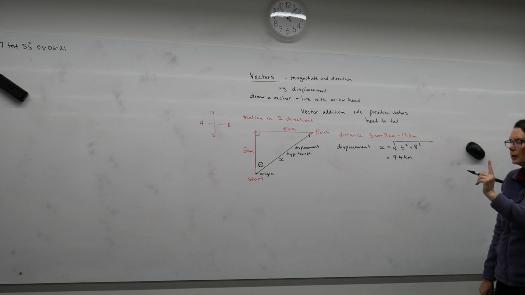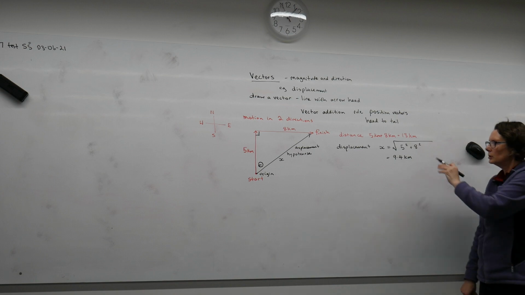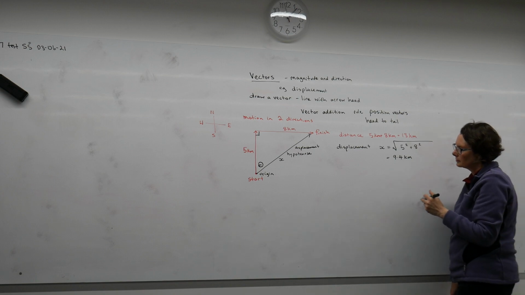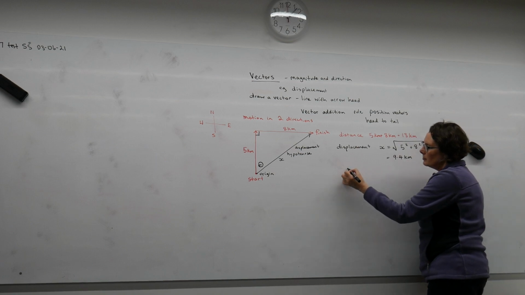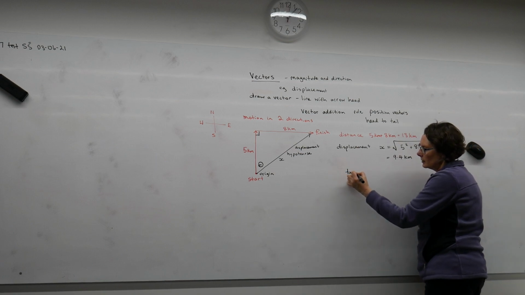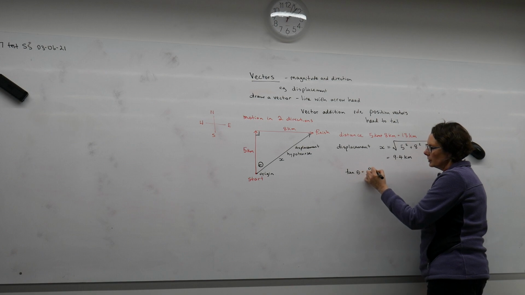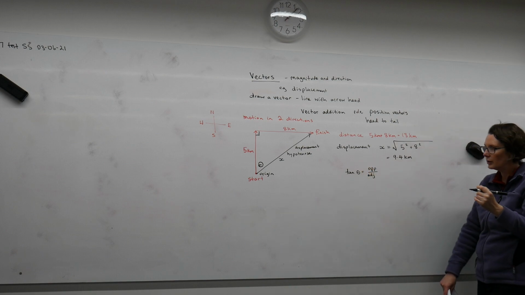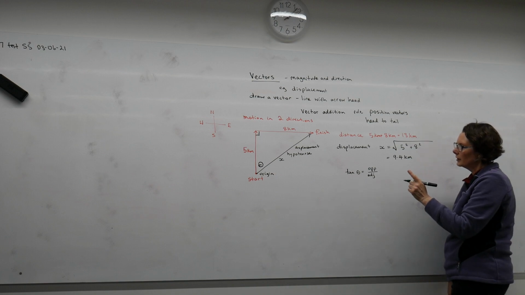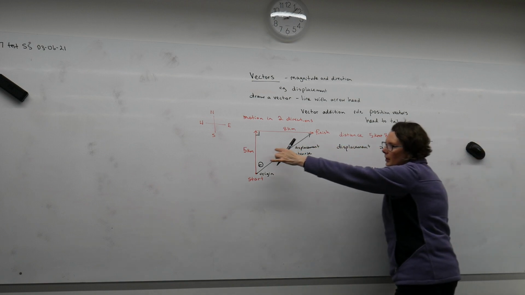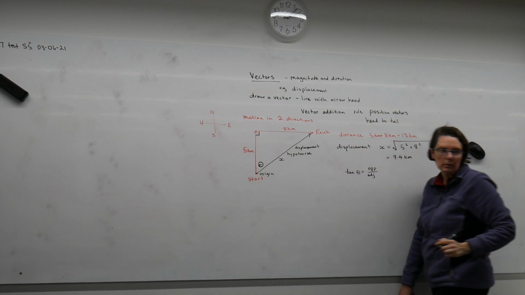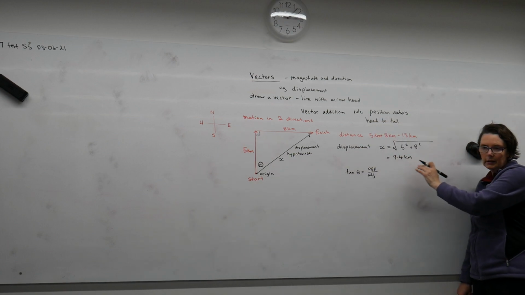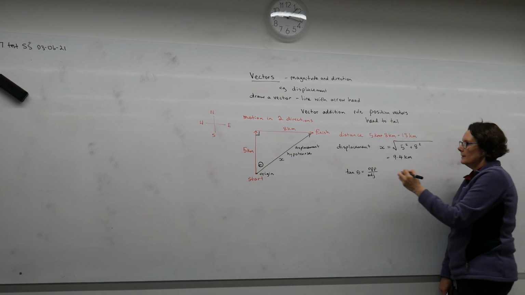So here we use our trig again. This was just Pythagoras' theorem. But you might remember that tan theta is equal to the opposite over adjacent. This is our most common trig ratio that we use in Phys Sci. So we've been given these. I like to use the ones we're given rather than the one we've calculated because it's more accurate.